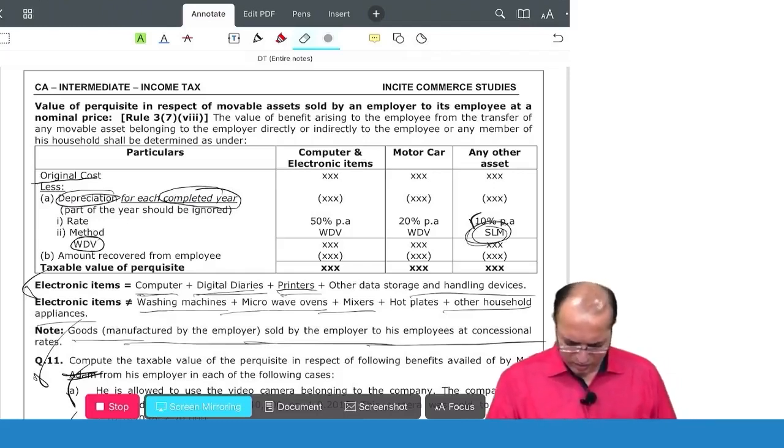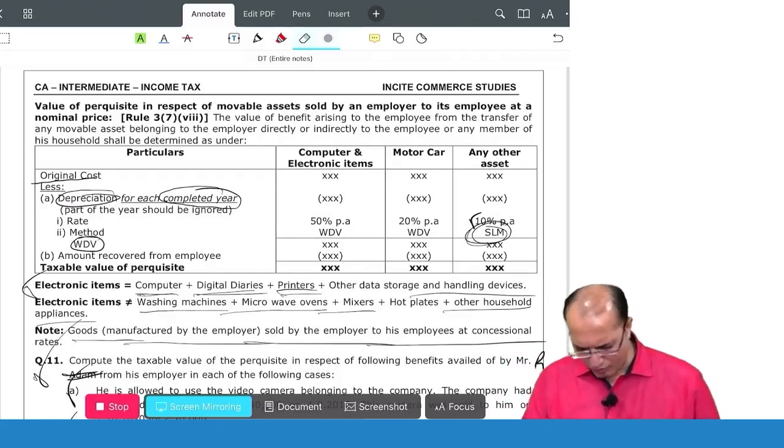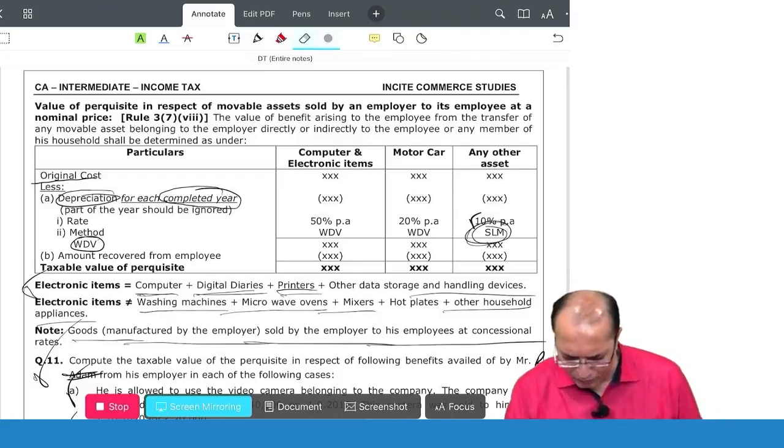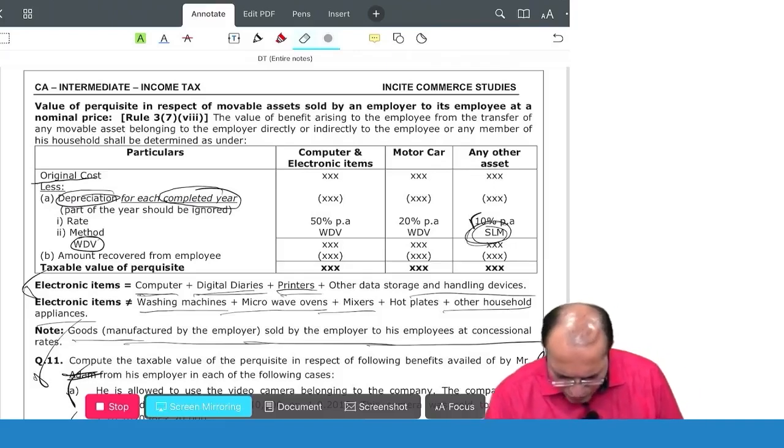So refer to the notes and find out those 2 topics, then frame the question properly and drop me a message on WhatsApp. I will respond. Okay. Next, I need to explain this transfer of movable asset to Sarvanna.